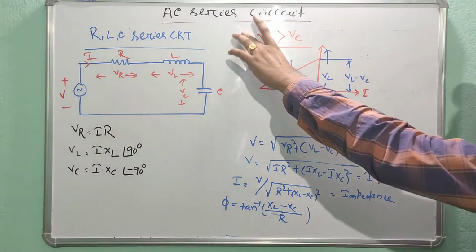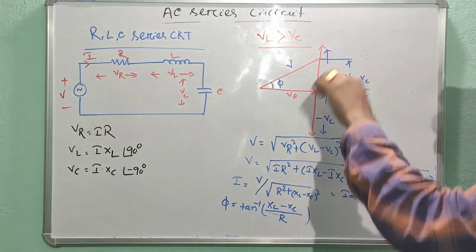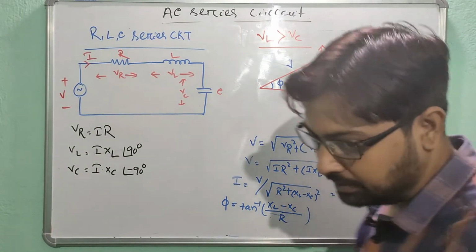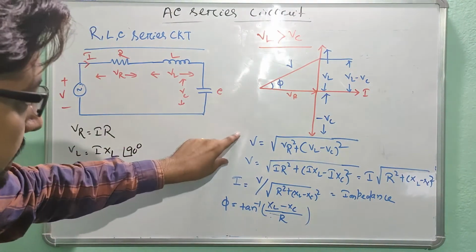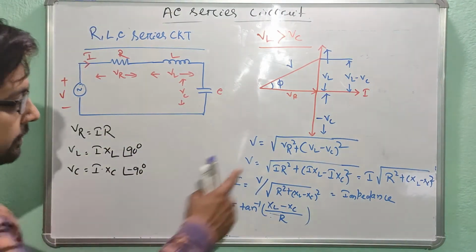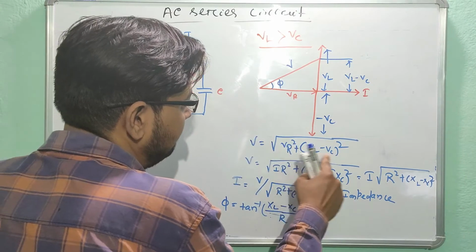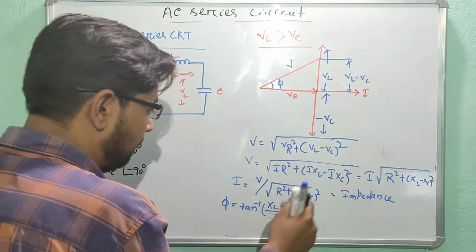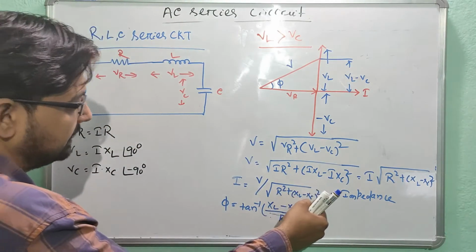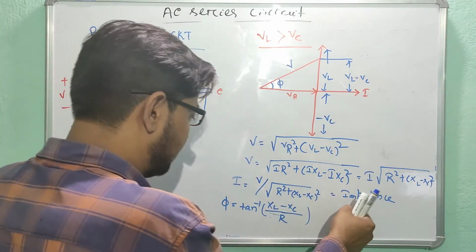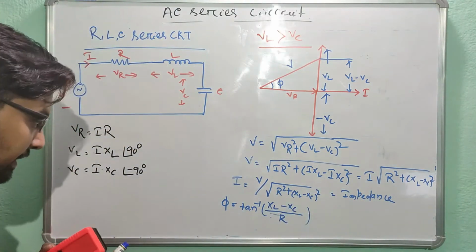So first we take the case where VL is greater than VC, and this is my vector diagram. You see what is my V value? V is equal to root over of VR square plus (VL minus VC) square. Now what is my I value? I is equal to V by root over of R square plus (XL minus XC) square. This is my impedance.